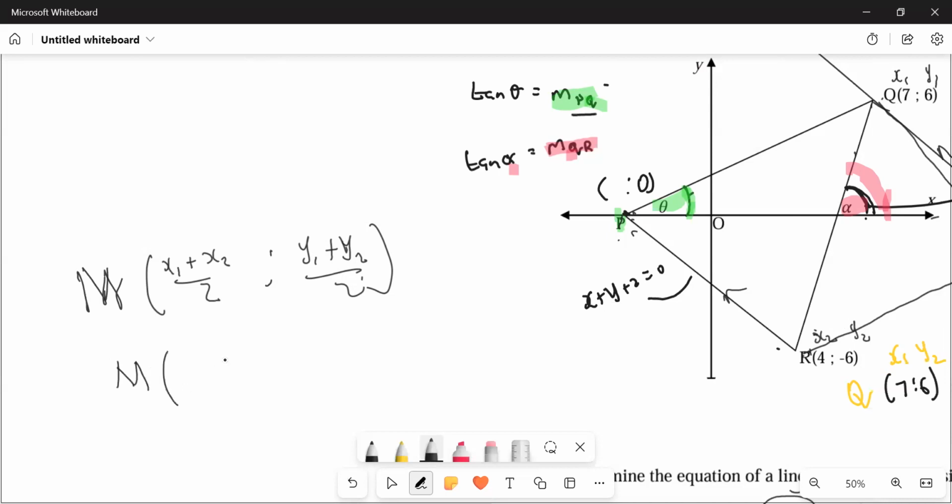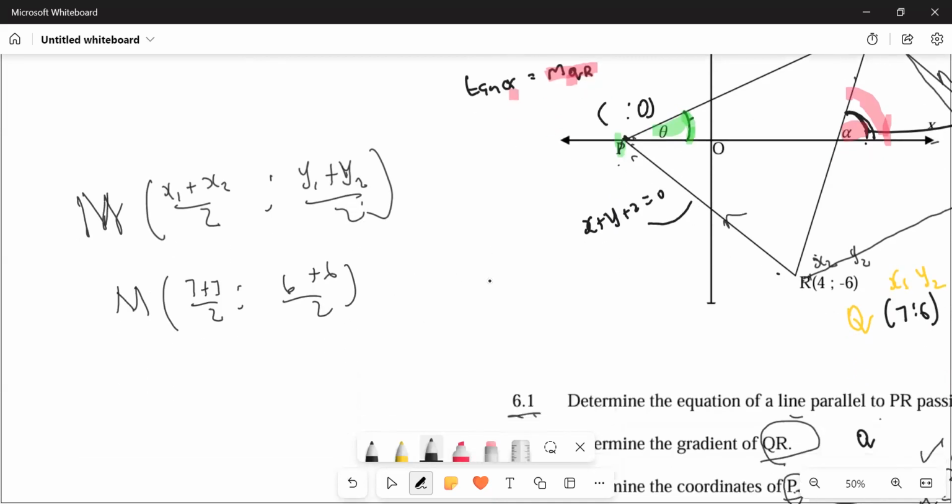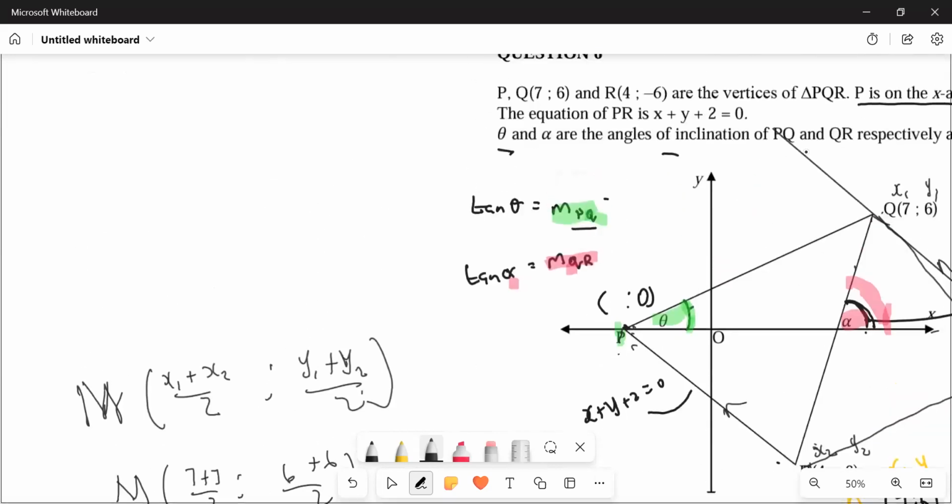And then our M is going to be given by 7 plus 7 all over 2, and then we have 6 plus 6 all over 2. That is going to be our midpoint. Now, if you type this in your calculator, it's going to give you 7. Okay? So our midpoint has 7, and then we're also going to have 6. So our midpoint is 7 and 6.